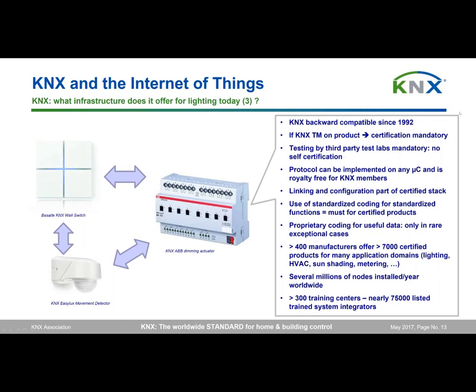If the product shows the KNX trademark, which you see here on this ABB product, then this means that this product has been certified. And it has been certified because it has been tested by a third-party test lab. The manufacturer can unfortunately not make use of self-certification. The product needs to be sent and tested by a third-party test lab.